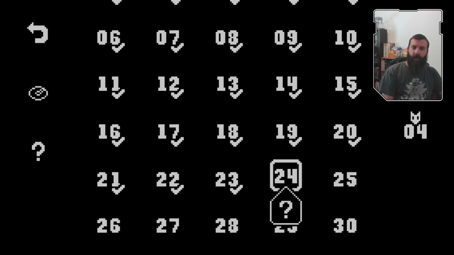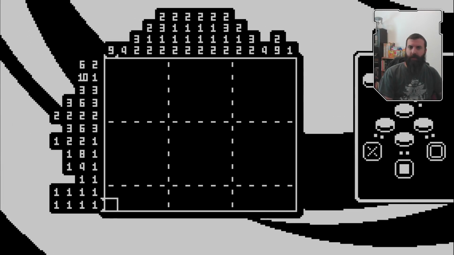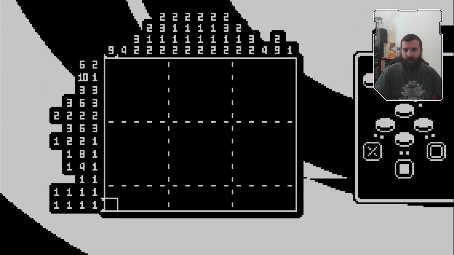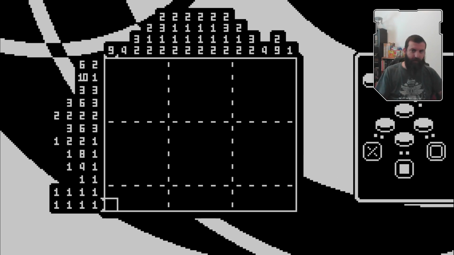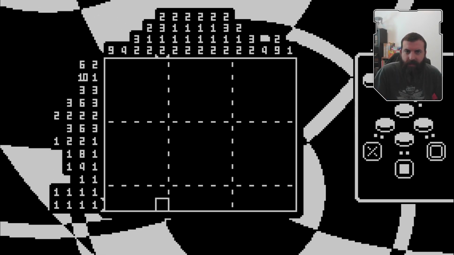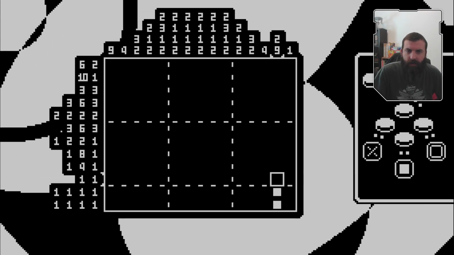Alright, on to Nonogram 24. Alright, we are 15 wide and 12 tall. 12 tall is good because it means that.